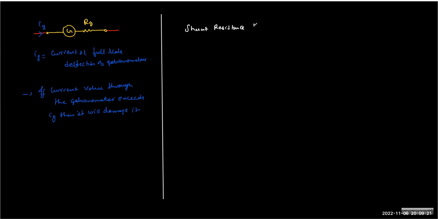So shunt resistance, which we represent as RS, is user specification based. Every manufacturer, whoever manufactures the device, gets some specification that they need to manufacture for a certain range of operation, and based on the range, they think of the value.